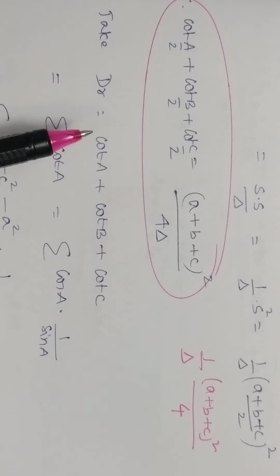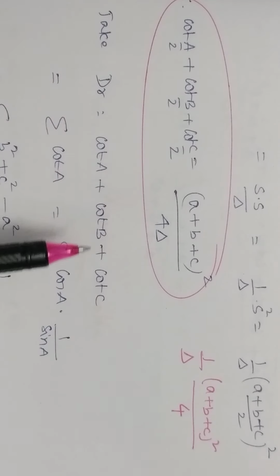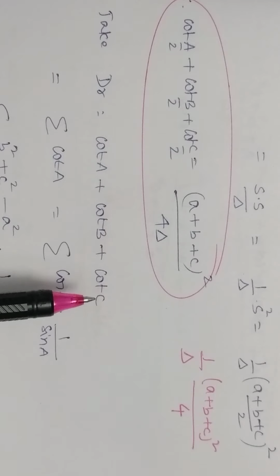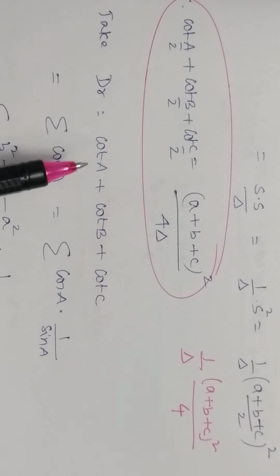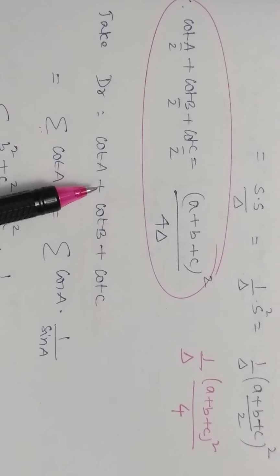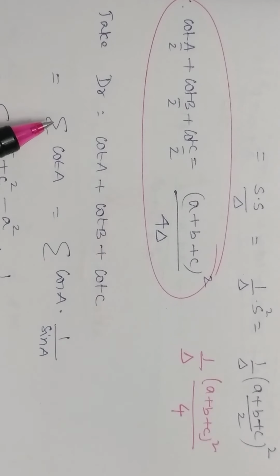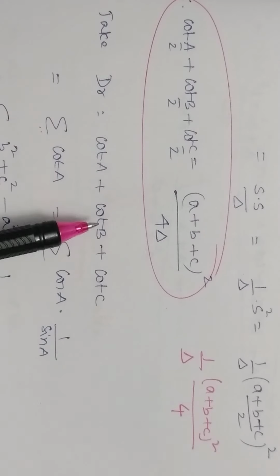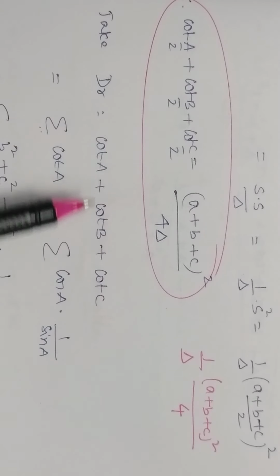So the denominator is cot A + cot B + cot C. I have expressed this in sigma notation. Sigma means summation. Plus is in between the terms. Sigma represents that in between the terms there is plus.